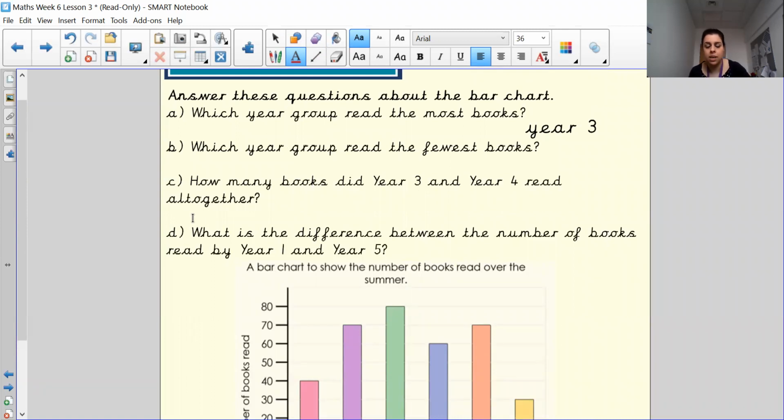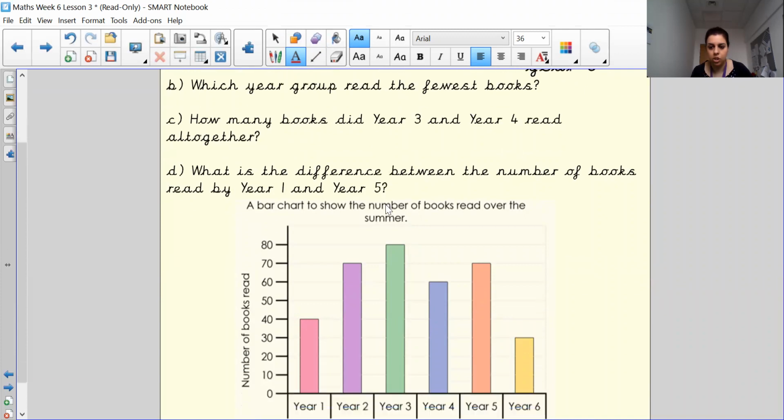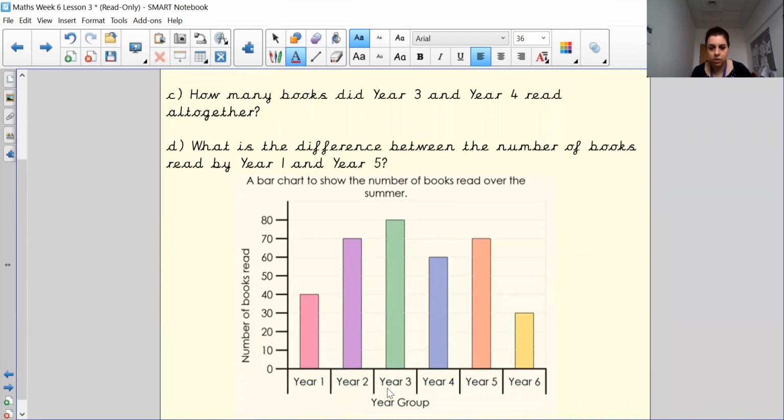How many books did year 3 and year 4 read all together? So you have a look at what year 3 read. You have a look at what year 4 read, and you add that number together. Now I'm going to draw a line just to help you see. So year 3 was here.